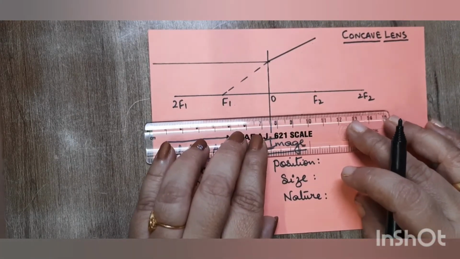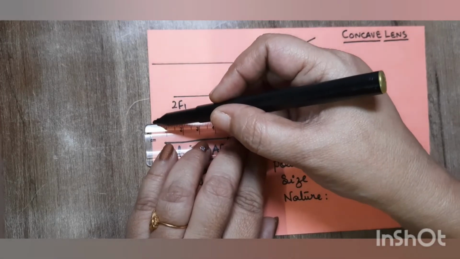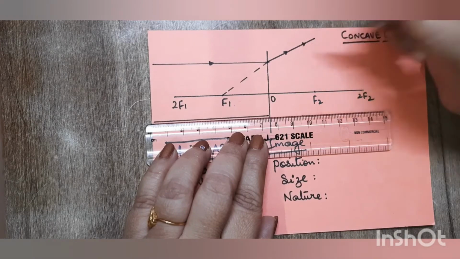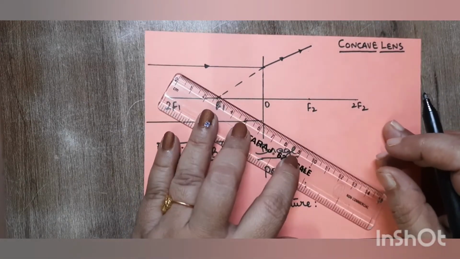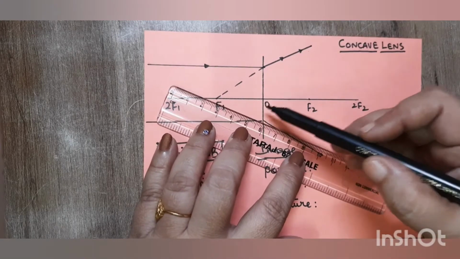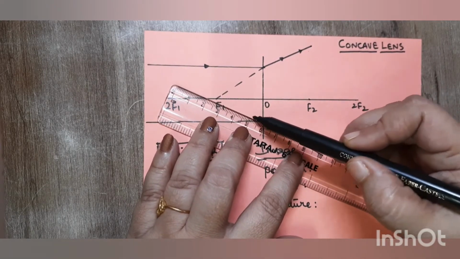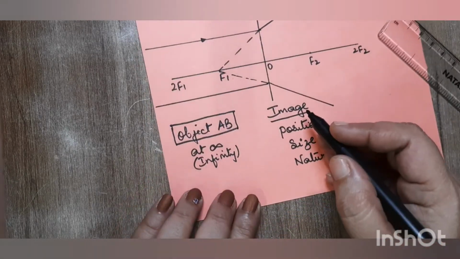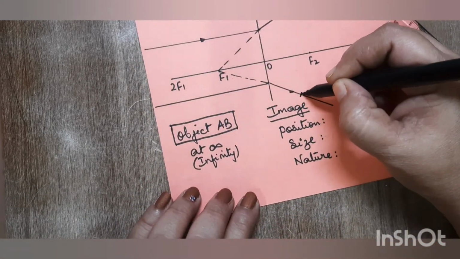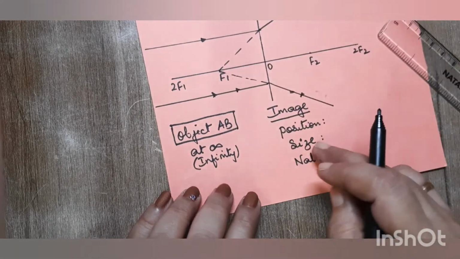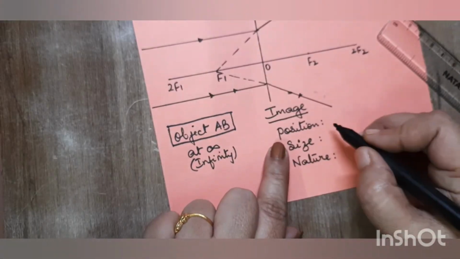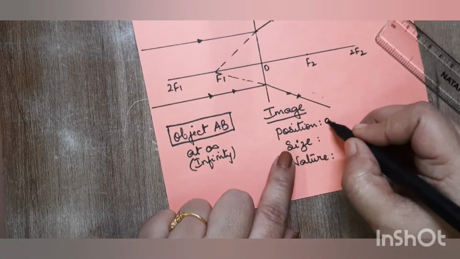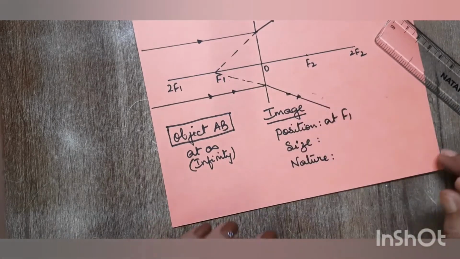We will draw one more ray here, in this case parallel from infinity, diverging. Then this side also it will diverge and, when produced back, it will appear to meet at F1. So image here is formed at F1 or on the same side of the object.